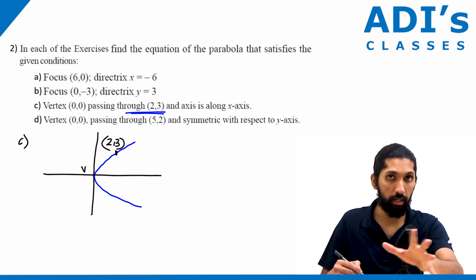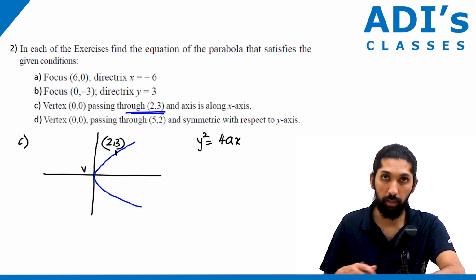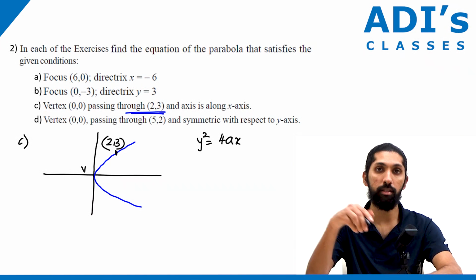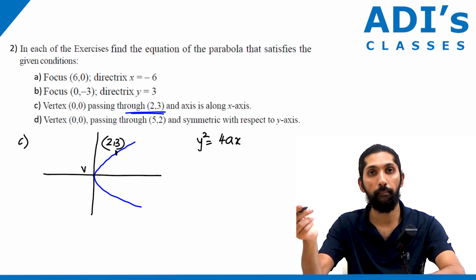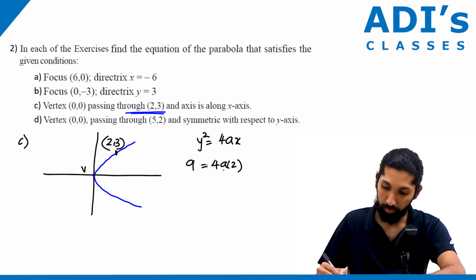Okay, now that you have understood, y square is equal to 4ax. This is the equation of the parabola. Now, since it is passing through 2, 3, in place of x and y, we can substitute 2 and 3. You will get 3 square, 9 is equal to 4a into 2. So you get a is equal to 9 by 8.